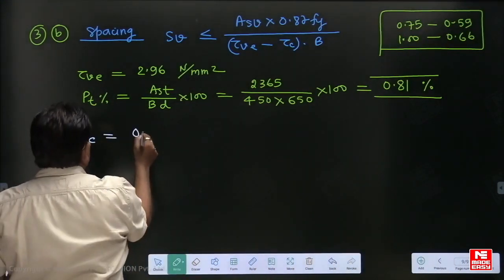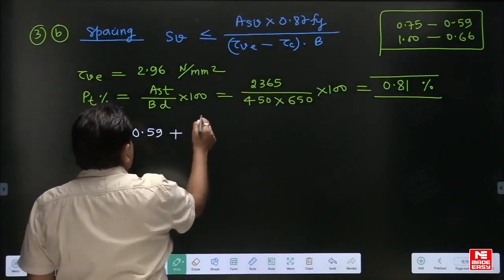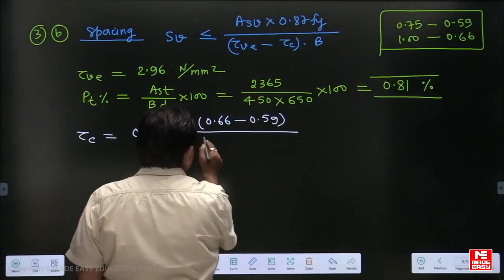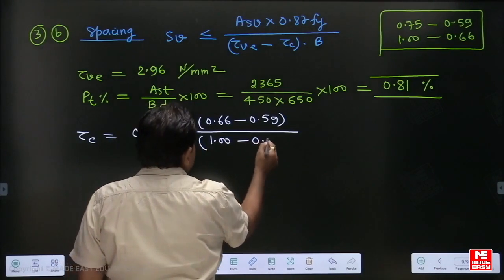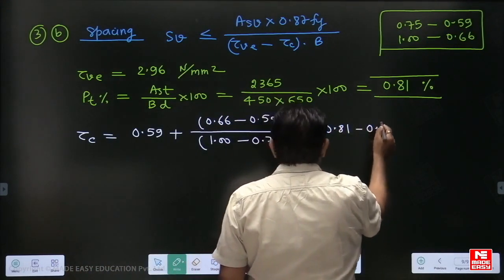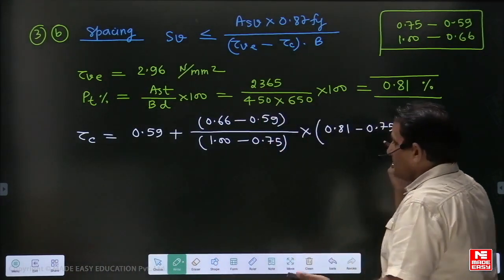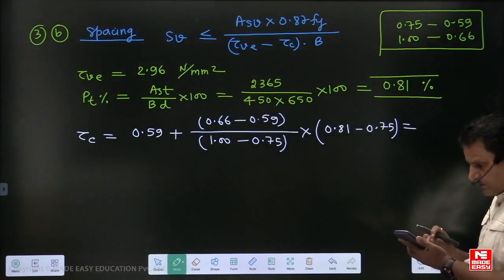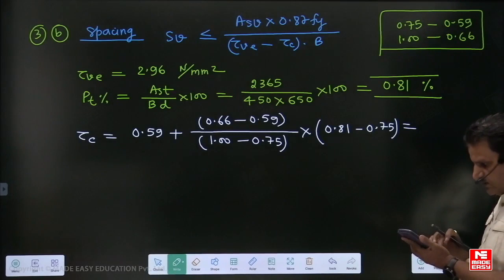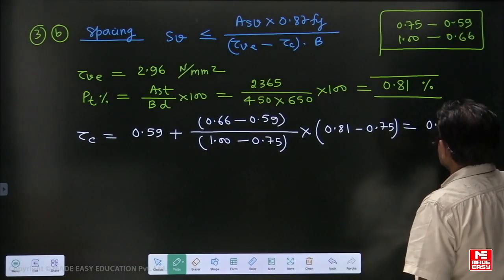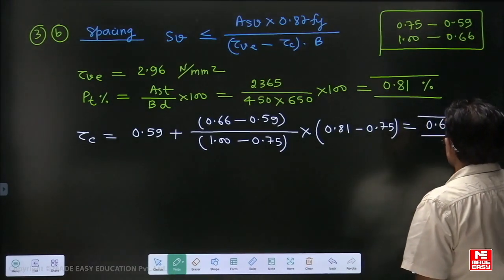This will be 0.59 plus (0.66 minus 0.59) divided by (1 minus 0.75) into (0.81 minus 0.75). This is equal to 0.59 plus (0.66 minus 0.59) divided by 0.25 into (0.81 minus 0.75). This is equal to 0.6061, 0.607 let us say.